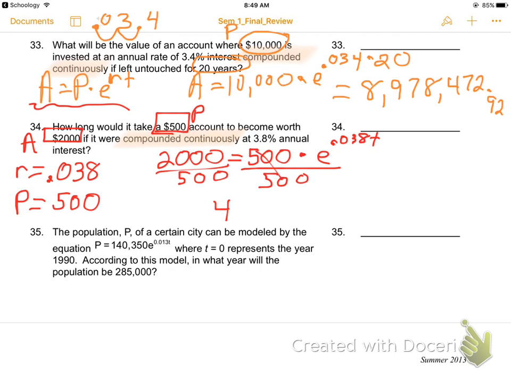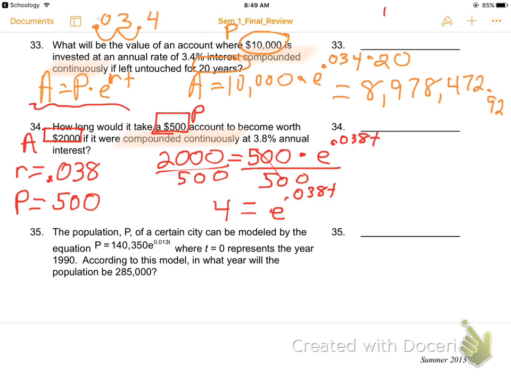And I get 4 equals E to the 0.038T. Now that I have the base being raised to a power alone, I'm going to take the log or natural log of each side.